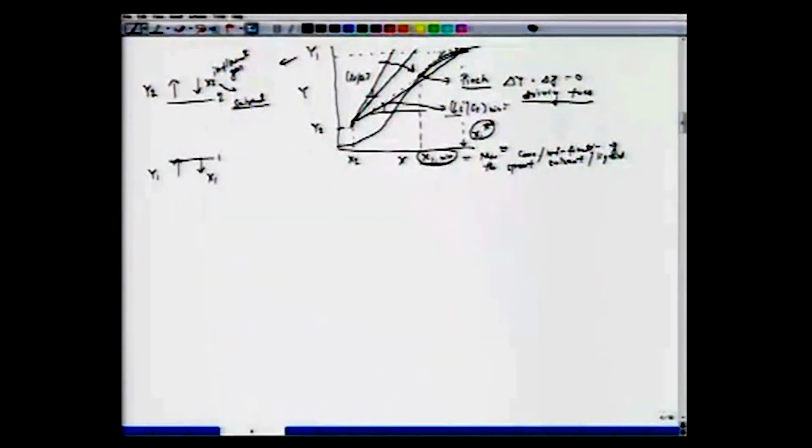Once we know this Ls by Gs minimum, we can write Ls by Gs operating equal to maybe 1.5 or 1.2 times the prescribed Ls by Gs minimum. So once we get this minimum solvent, we find 1.5 times and find a new operating curve, which would be anywhere like this here.